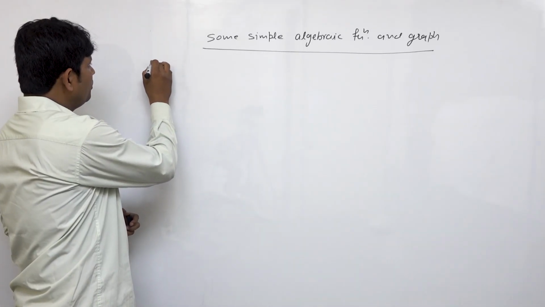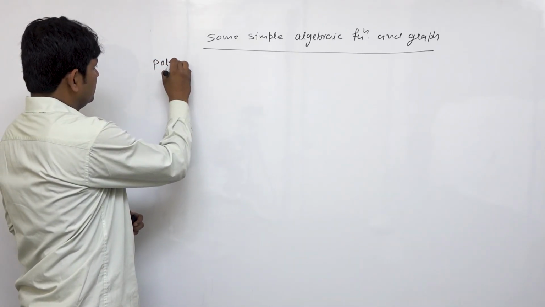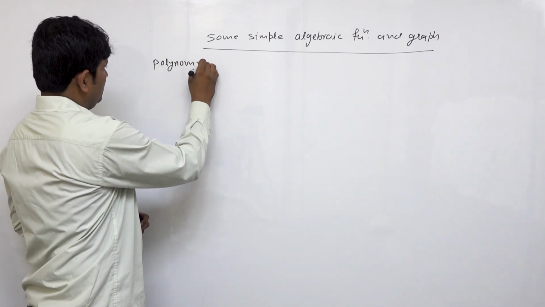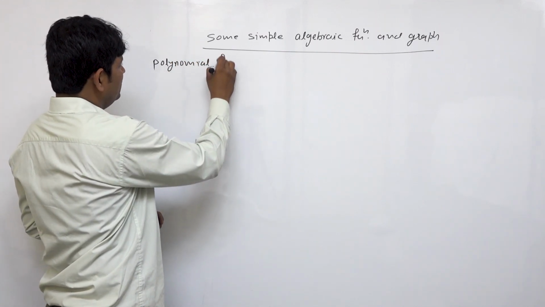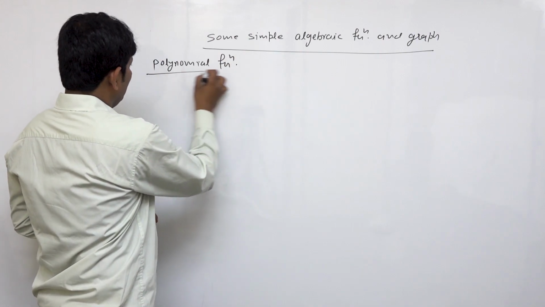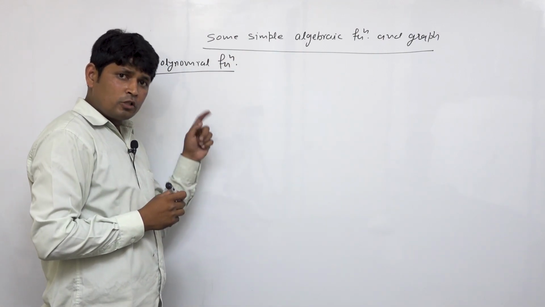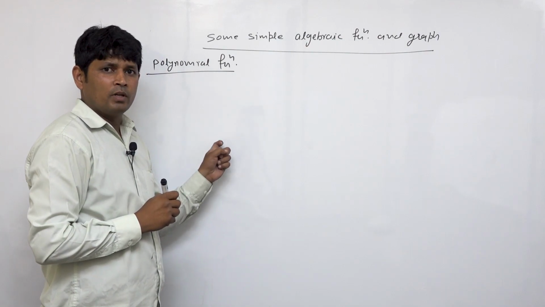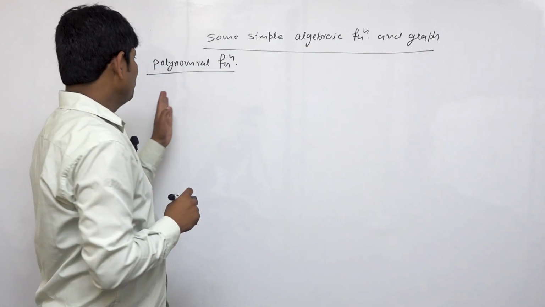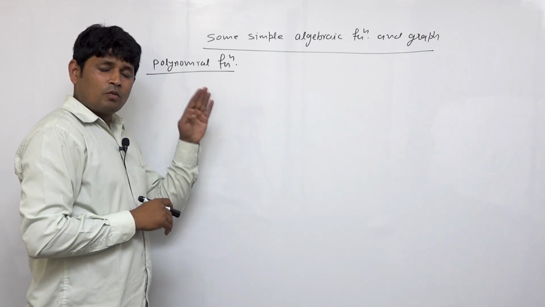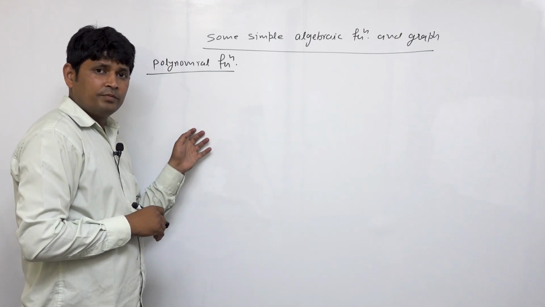Okay, now the polynomial function. All the linear, quadratic, and cubic can also be said to be polynomial functions, but they are more specifically classified as quadratic, cubic, and linear.